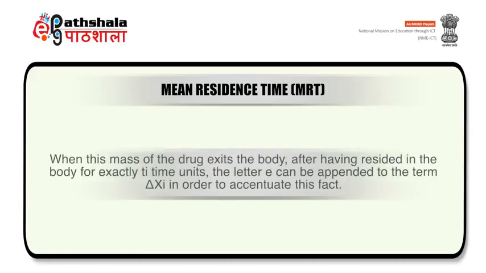When this mass of the drug exits the body after having resided in the body for exactly Ti time, then the term delta Xi times Ti defines the product of the mass of the group of molecules having a given residence time multiplied by this residence time.